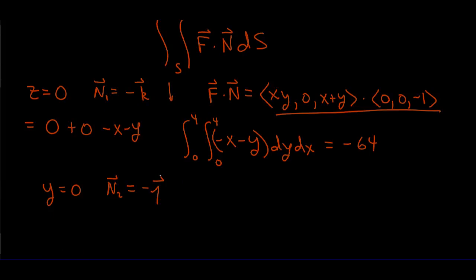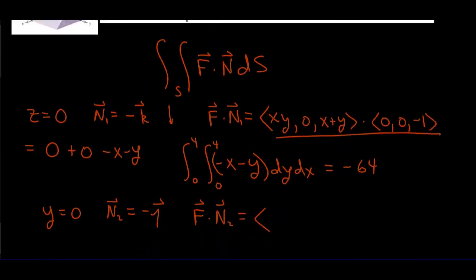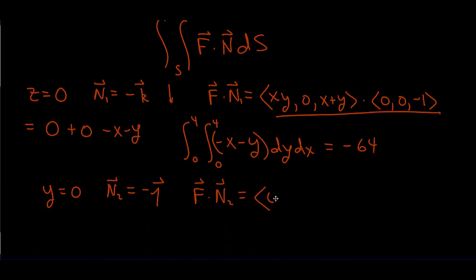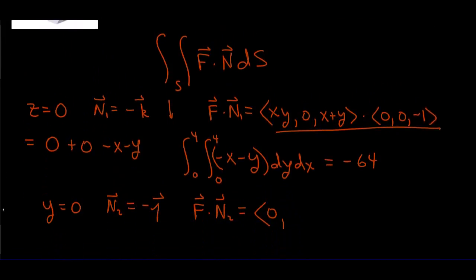It's going to be negative j. So now we want to calculate F dot n2. So let's see what our F is now. Okay, so the F was xy. Well, if y is 0, this is 0. Then we have z.